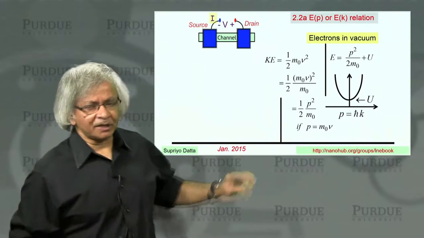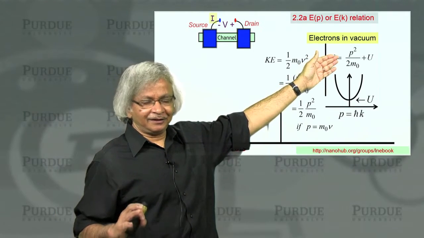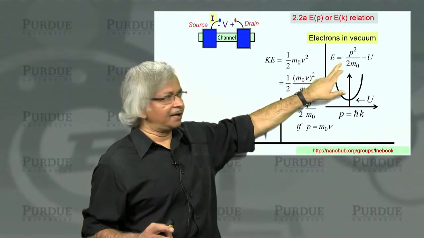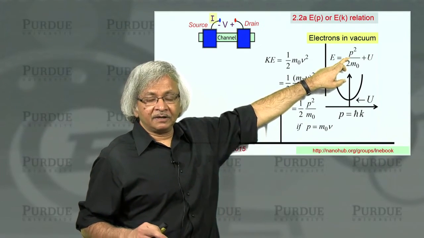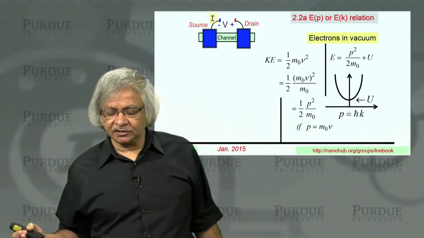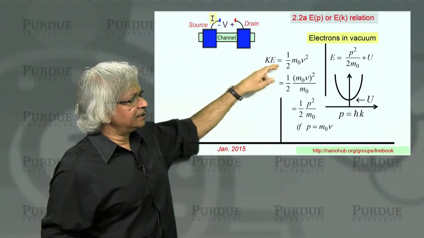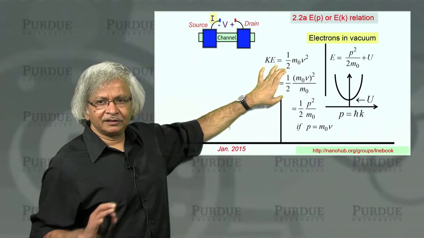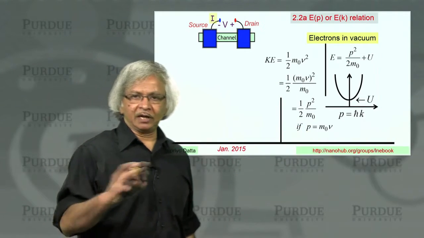So those look equivalent, but one point I wanted to stress is that they're equivalent only in this special case of what you call a parabolic energy-momentum relation. Parabolic meaning this E is proportional to p squared. But in general, you could have all kinds of energy-momentum relations, and in that case this is not quite right, in the sense that p is not always equal to mv.